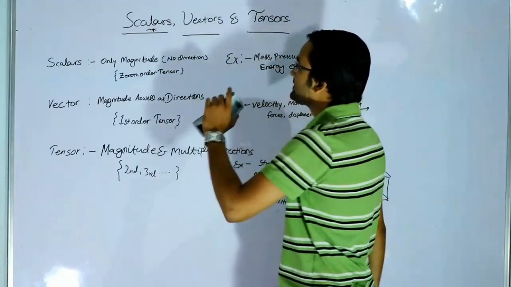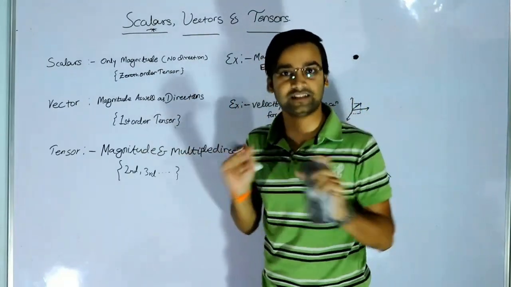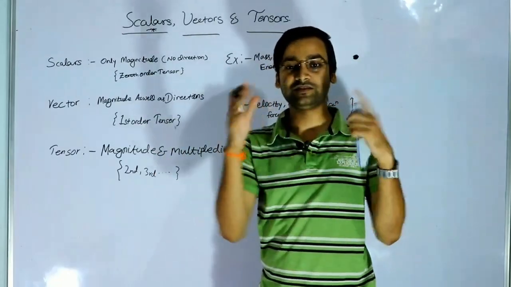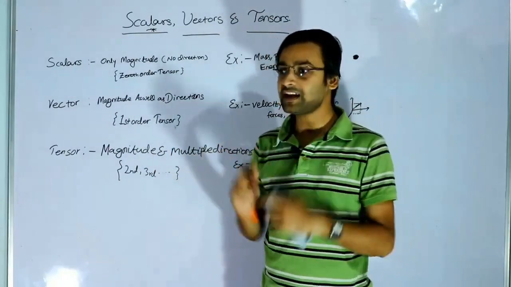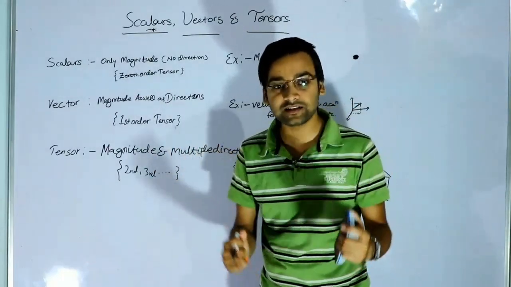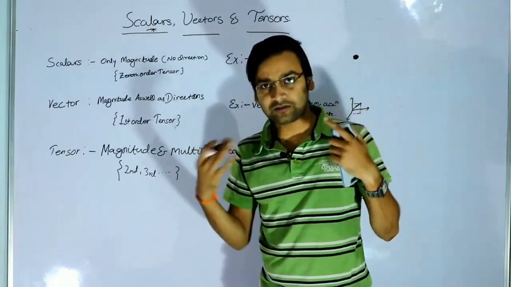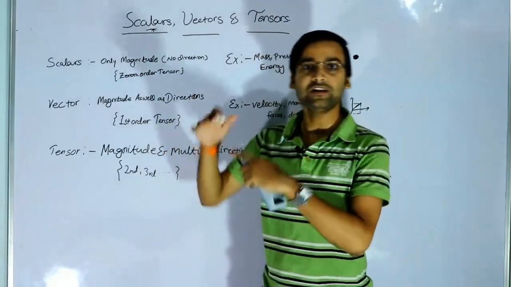What the scalar is? Scalar means everything we are dealing with, there is no concept of direction in it. No one will ask you to which direction it is. All is about the magnitude. Suppose I am telling you I have 20 joule of energy in my muscles. Is there someone who will ask me to which direction, either eastward or westward?